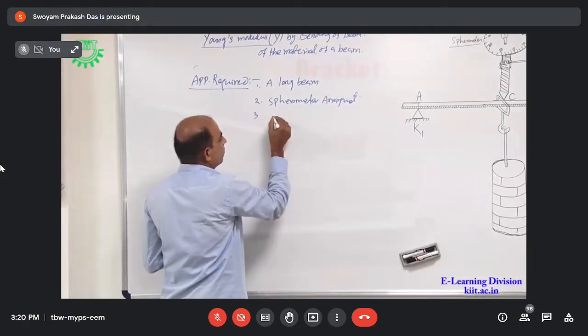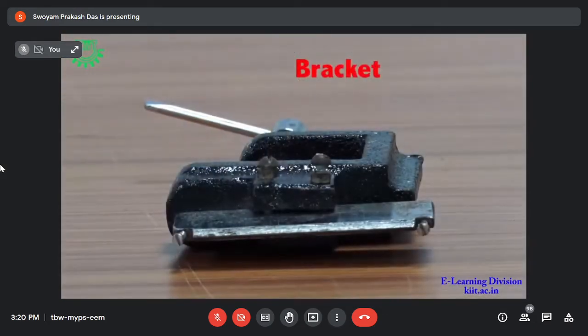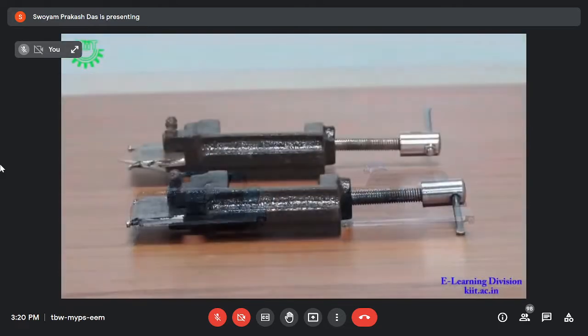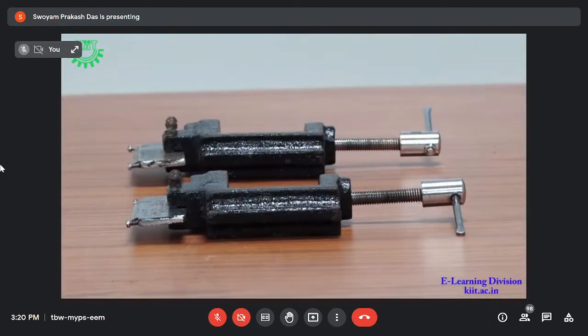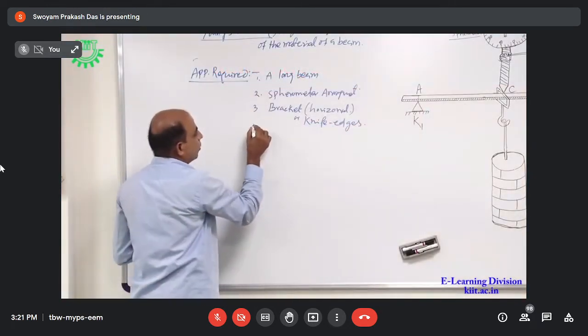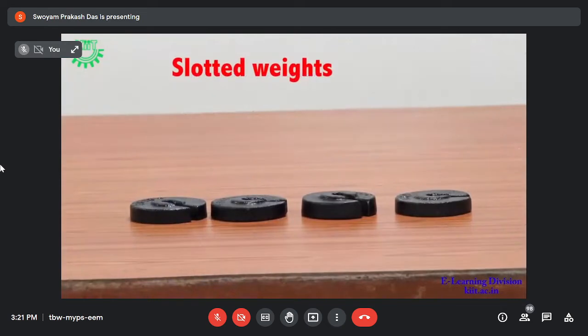Number three, brackets, that is horizontal brackets, or we can say knife edges. Number four, slotted weights.